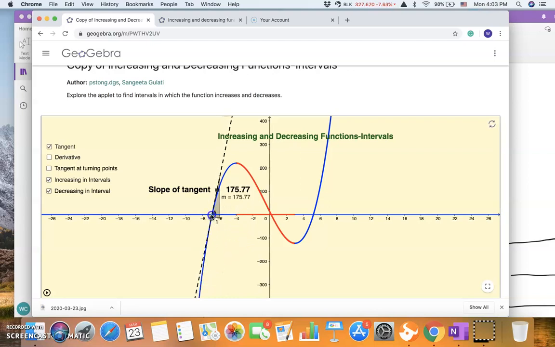It's positive. When x equals -6, it's 96, positive. However, on the interval of decrease, the slopes are all negative, right? They are all negatives. And when it becomes the interval of increase, the slopes become positive.